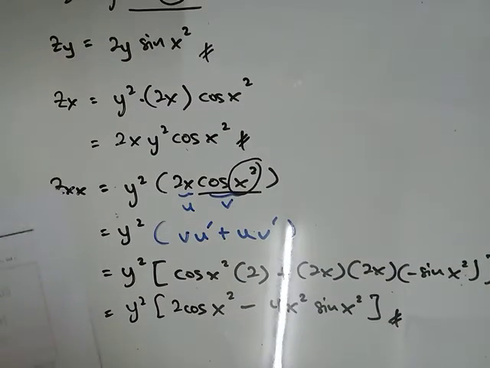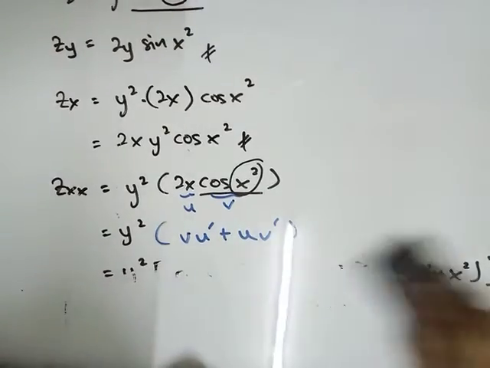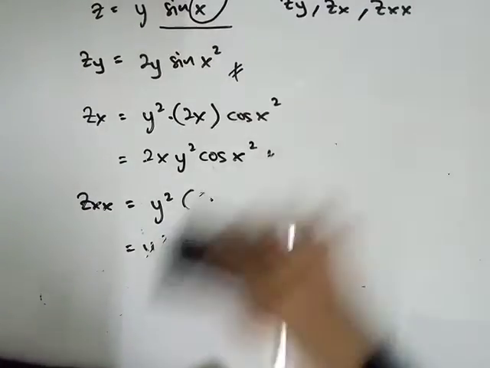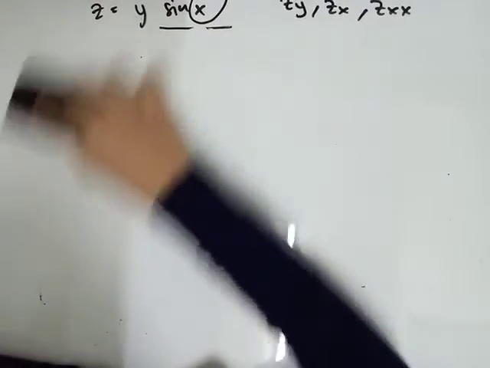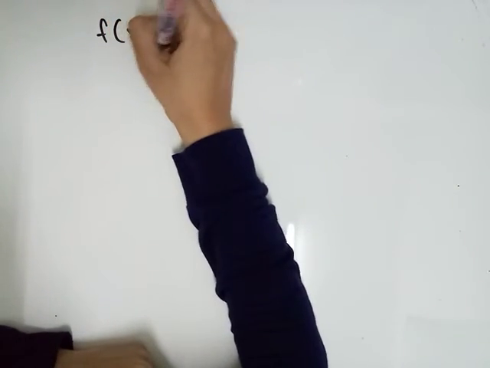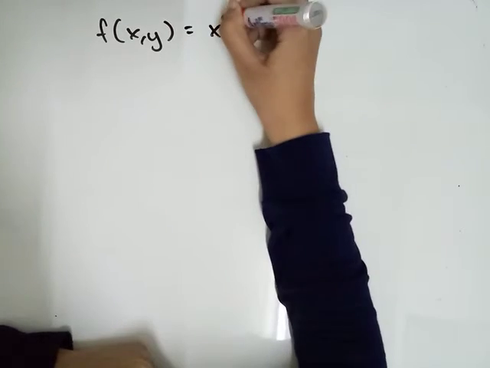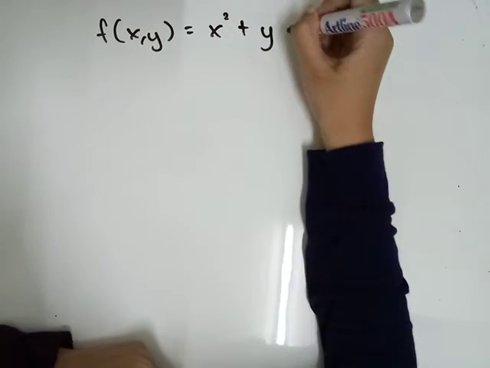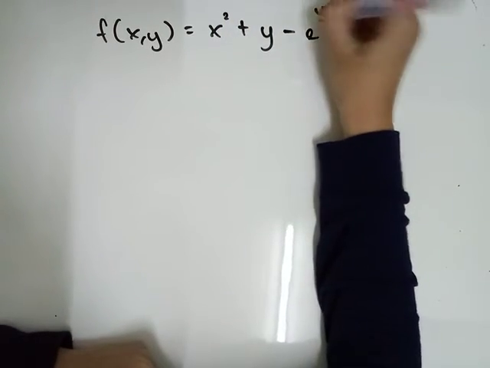Okay, I give you one last example, from my question. For higher order partial derivatives, let's say we have a function f of xy equals x squared plus y minus exponent y.